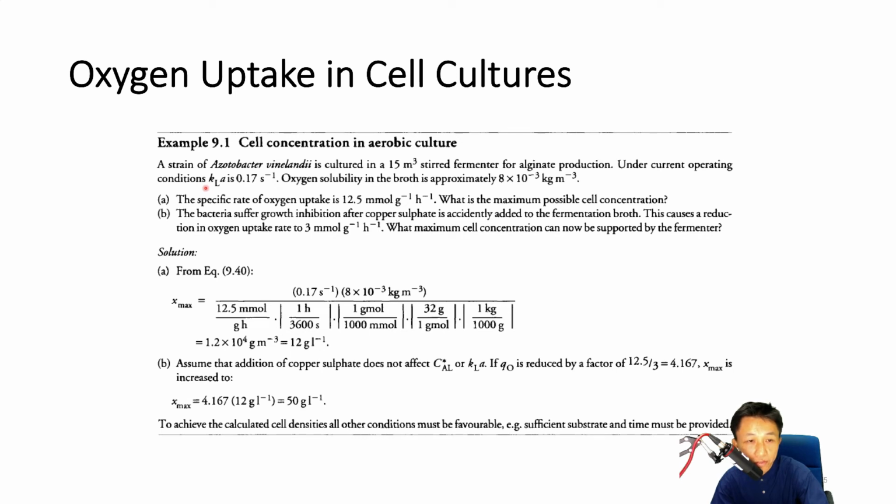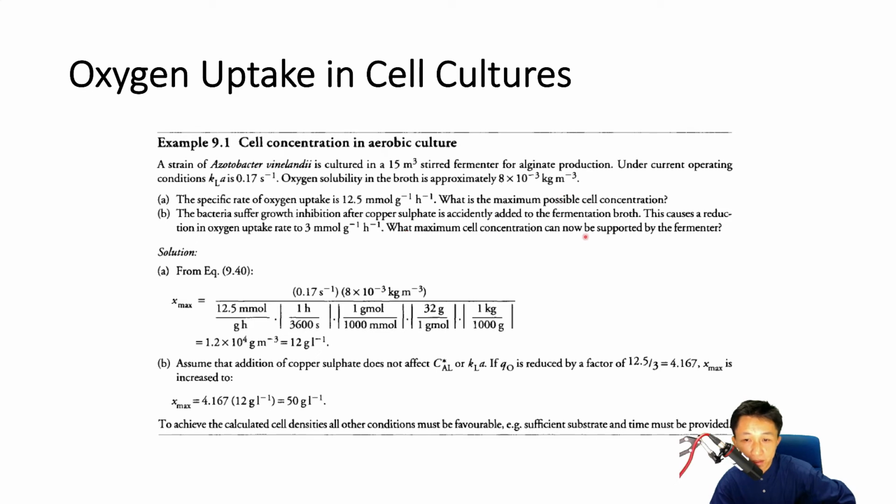Under current operation, the mass transfer coefficient has this unit, per centimeter per second. Okay, this is the property of the oxygen solution. Oxygen uptake is this one, and the maximum possible cell concentration. This is the oxygen uptake by the cell, and then we calculate the maximum cell concentration that we have.